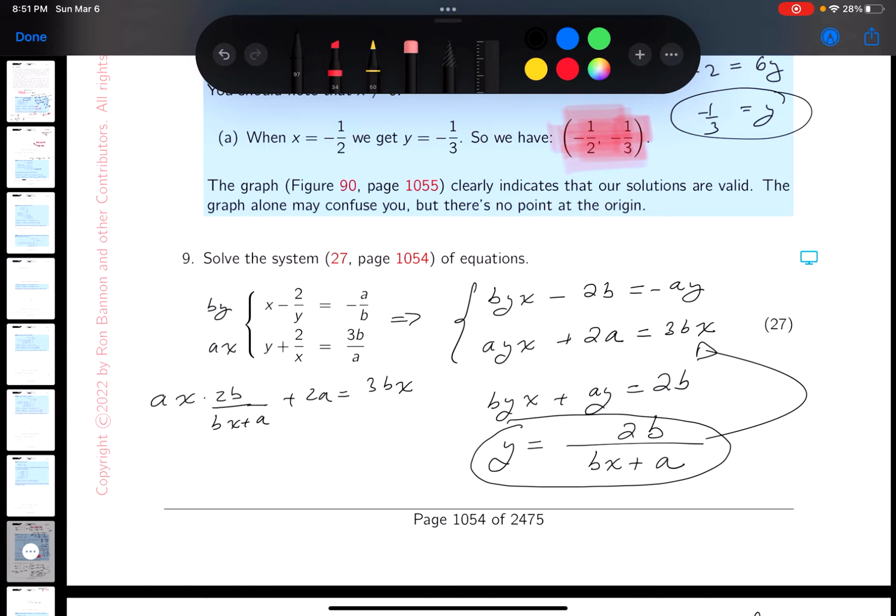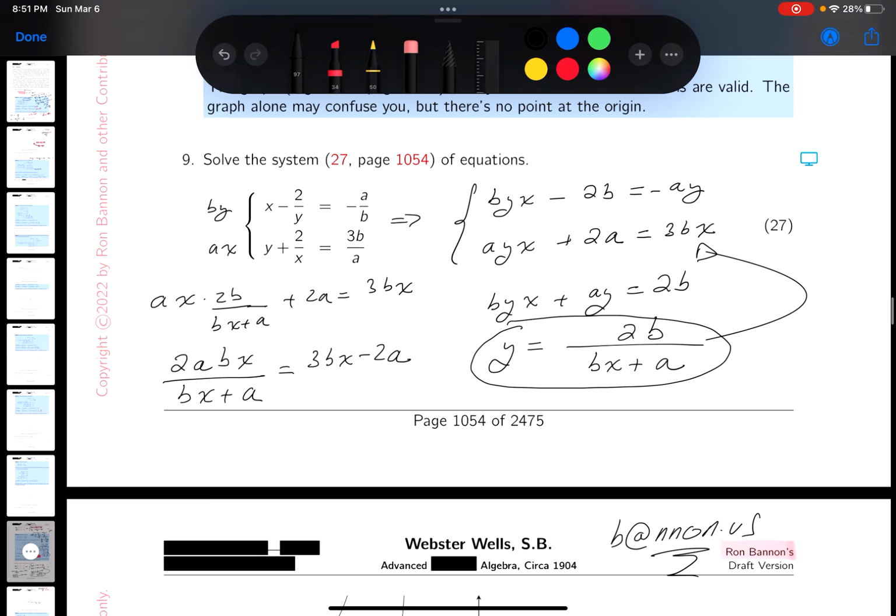What am I going to do now? I'm going to rewrite it a little different. I'm going to write it as 2abx over bx plus a. I can write this as, let's see, 3bx minus 2a.